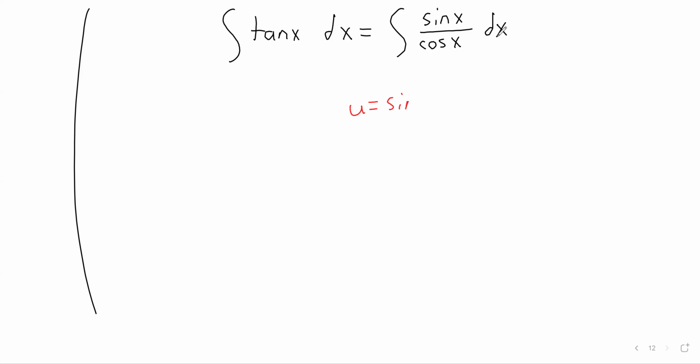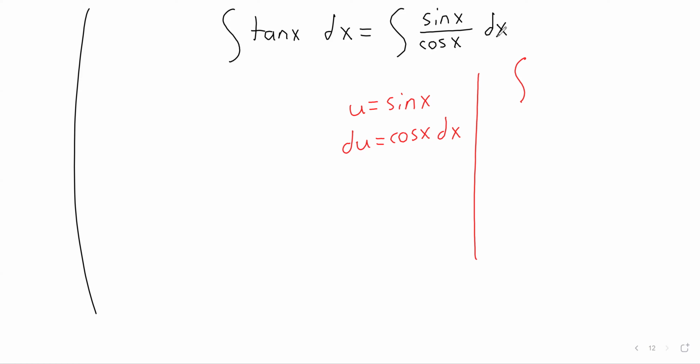But I had a fair few students try U equals the sine of X. And I just want to talk about that for a bit. If U is the sine of X, then du is the cosine of x dx. And this is not successful.